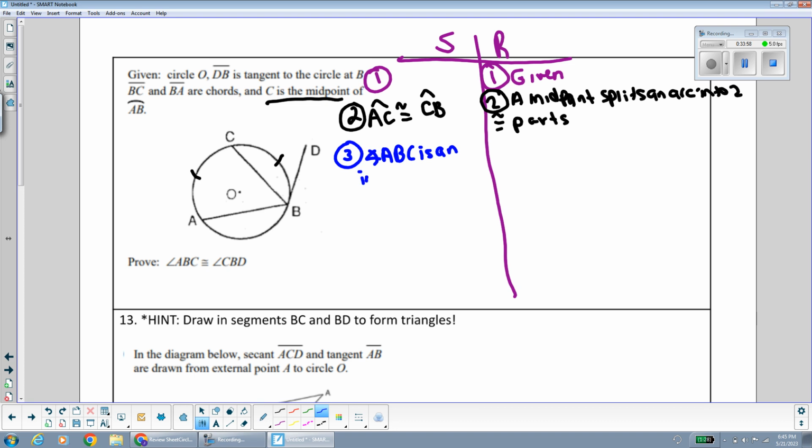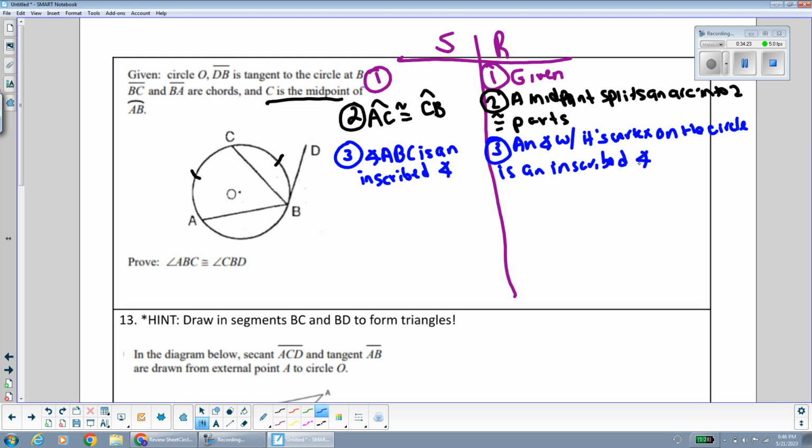And then I know that angle ABC is an inscribed angle. And the reason for that is an angle with its vertex on the circle is an inscribed angle.